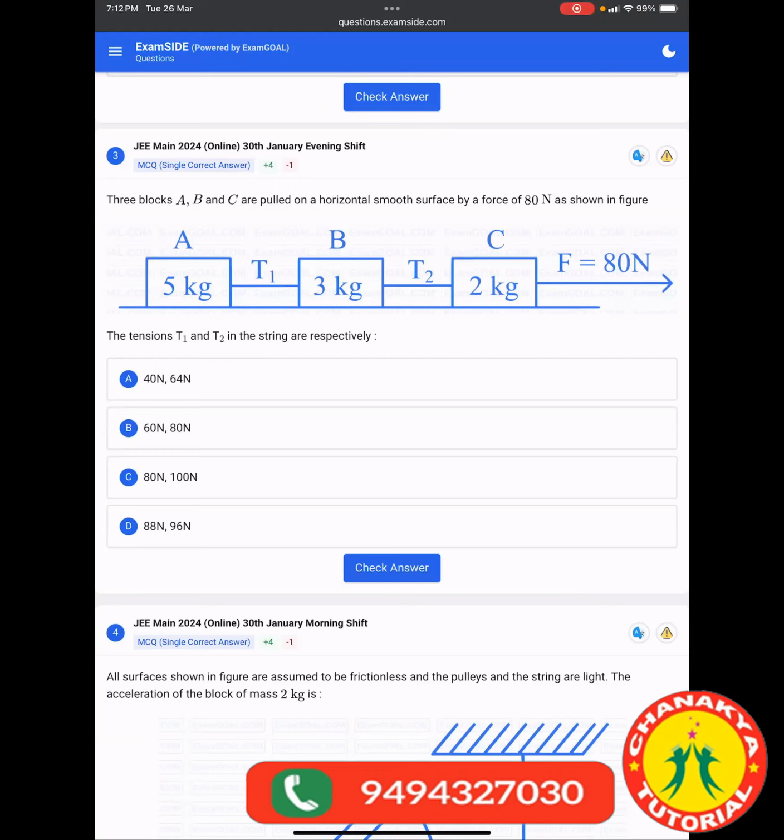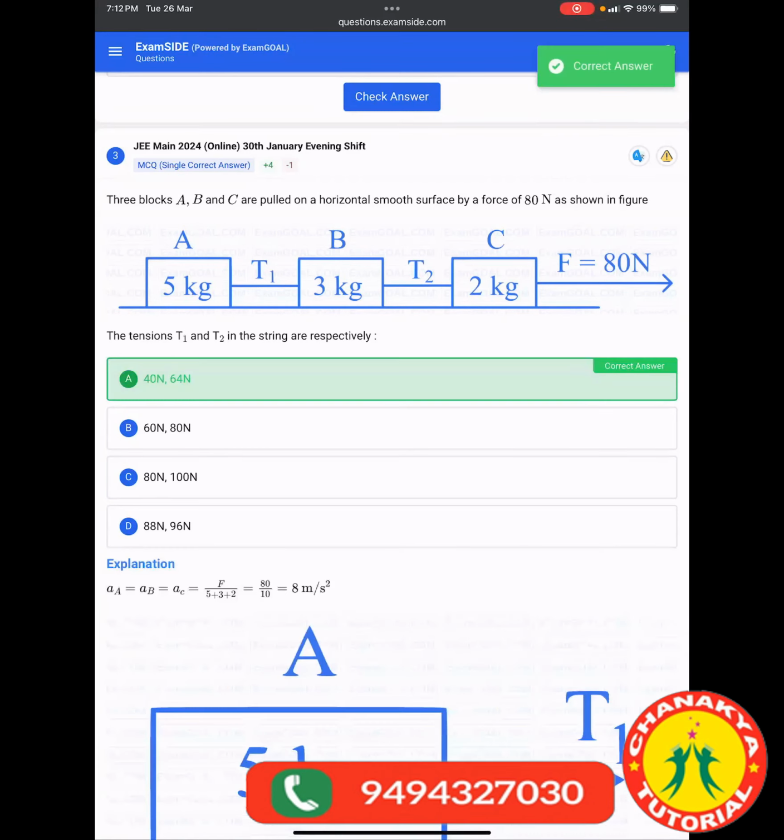All of you, fast. So T2 will be 64. What will be T1 then? There is only one, 40. Option A. Correct.